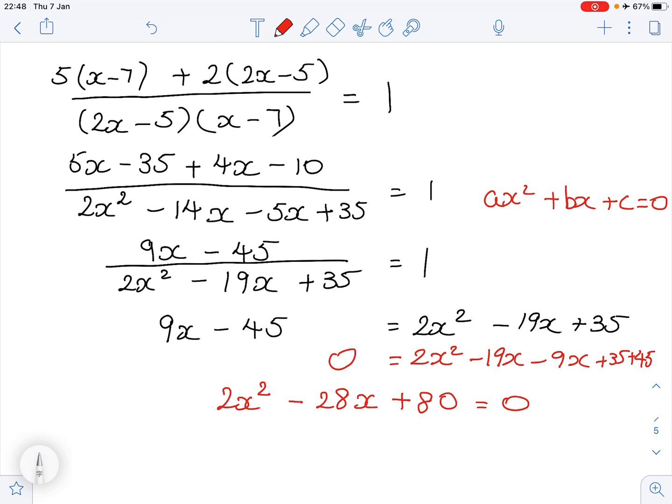To factorize easily, we can just halve the whole equation. So we have x squared minus 14x plus 40 equals 0. So factorize.